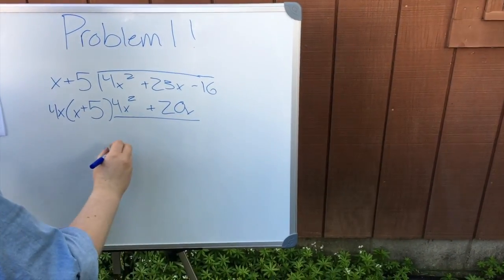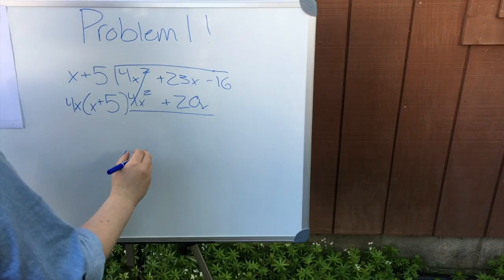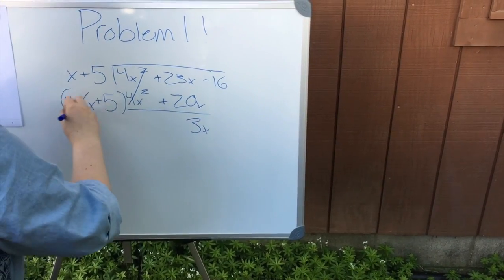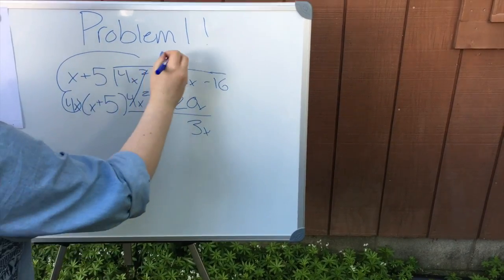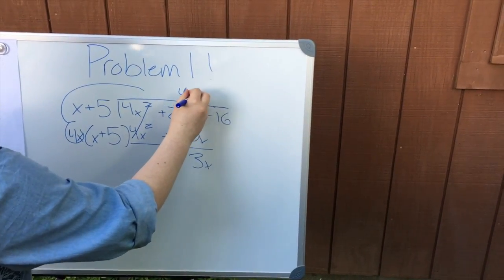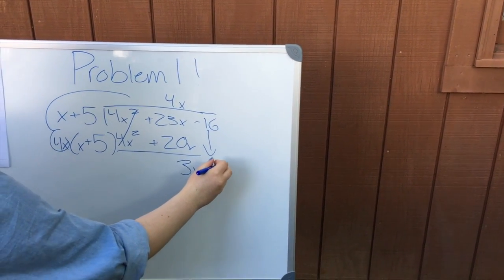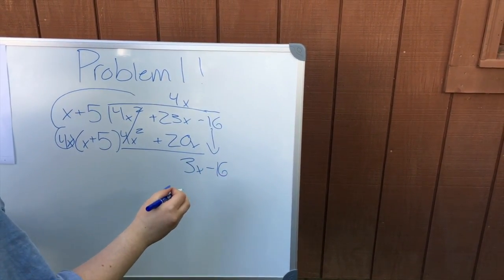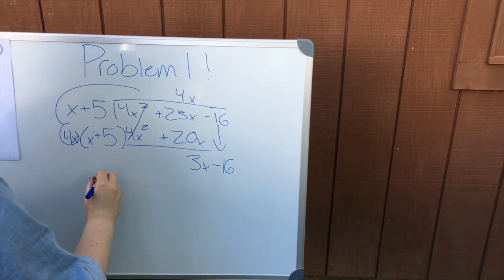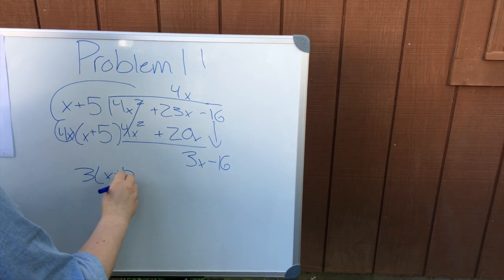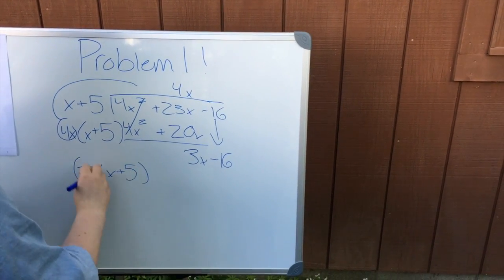You then subtract 4x squared plus 23x from 4x squared plus 20x, and 4x squared ends up being canceled. 4x is brought up to become part of your answer in place above the x. Your answer for the subtraction problem is 3x, and you would bring down the minus 16 to become 3x minus 16.